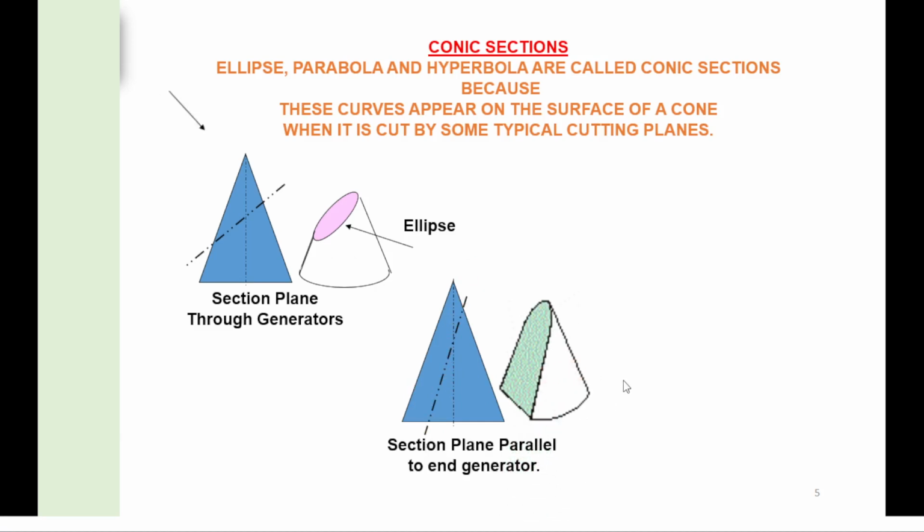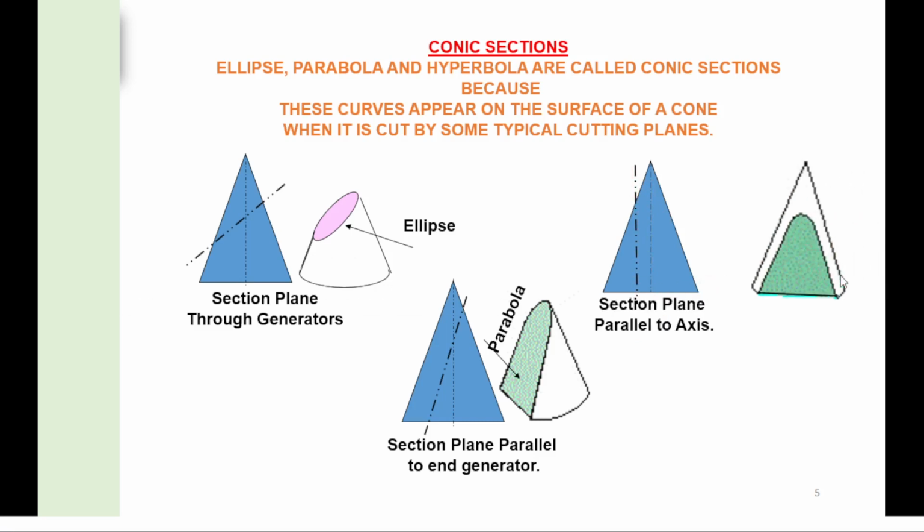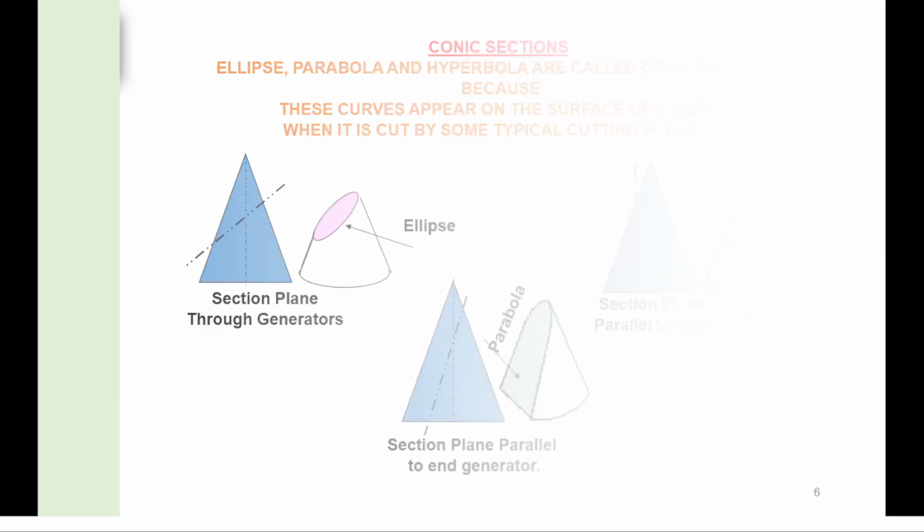Then the third one is the hyperbola. In the case of the hyperbola, if the cutting plane is parallel to the axis and perpendicular to the base, then the curve obtained on that right circular cone will be a hyperbola. In the coming slides we will deal with its applications. So this will be the parabola.